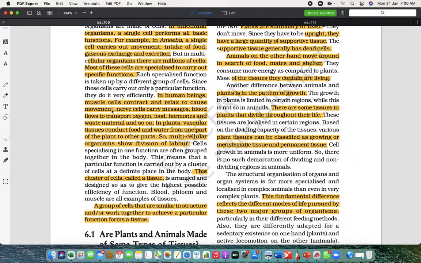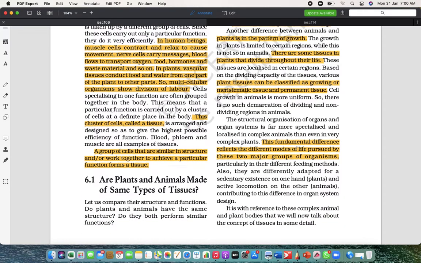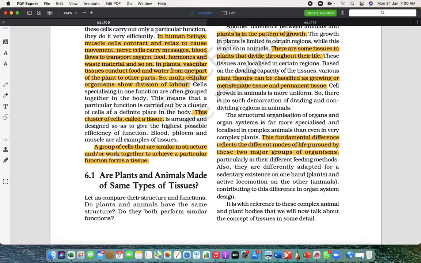There are certain nerve cells which send messages, blood cells to transport oxygen, food, hormones, and waste material. So in our body there is division of labor, which means our body functions in different ways to do certain work. This cluster of cells, we call it a tissue.